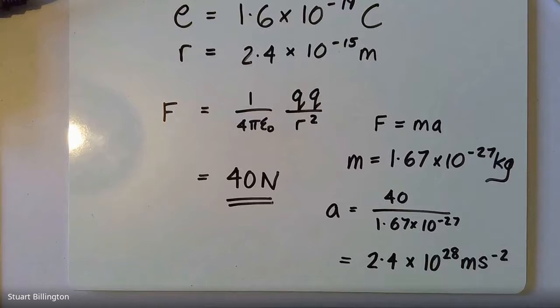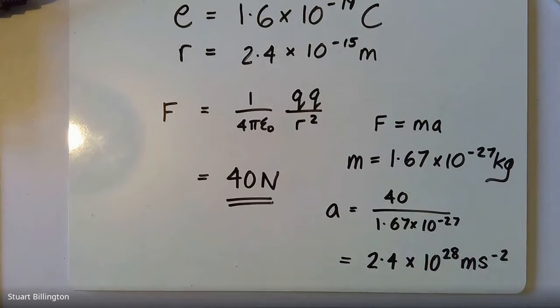To have a force that powerful that if you take two of the least charged objects in the universe, so a single proton and another single proton, you can't really get much less charge than that. And you just place them side by side, and the force is so powerful that it can accelerate the least charged objects in the universe up to the speed of light in a fraction of a second.